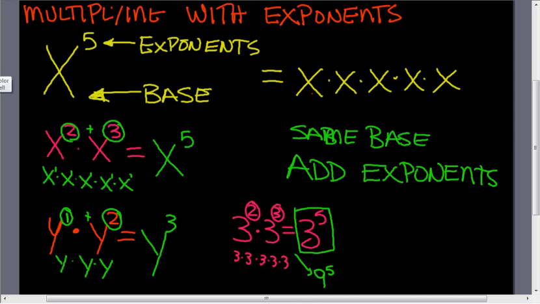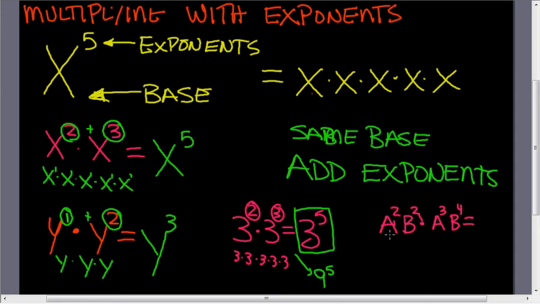And then the final example, if we're doing mixed stuff, like a to the power 2, b to the power 2 times a to the power of 3, b to the power of 4. What you're going to do is combine things that have the same base.